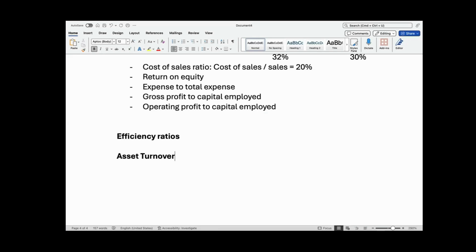What this ratio, asset turnover, measures is the number of times an entity is able to convert its assets to sales. That's why the formula is sales divided by total assets.